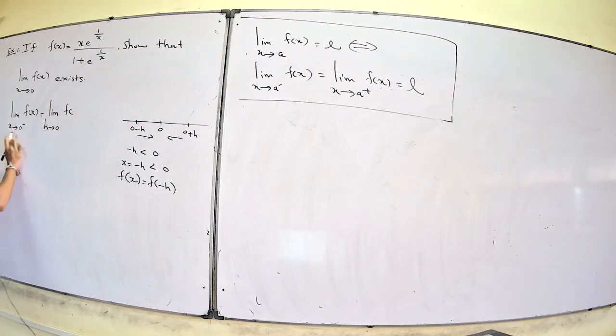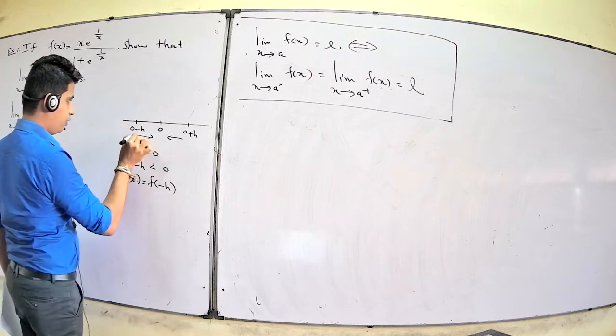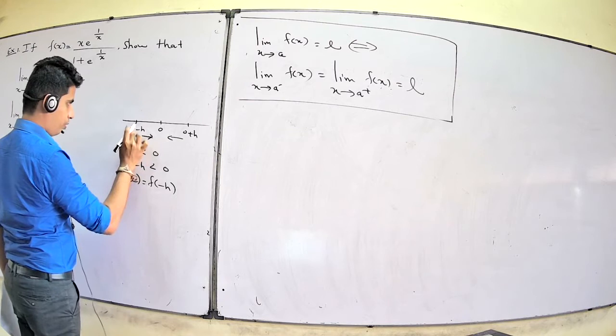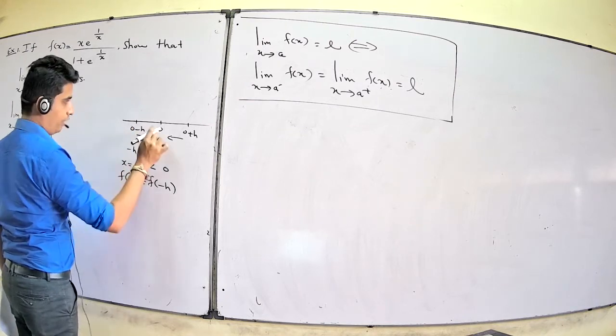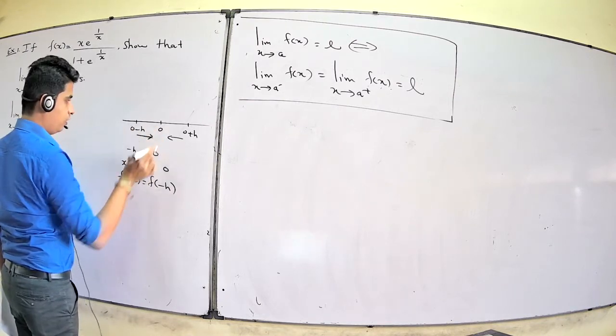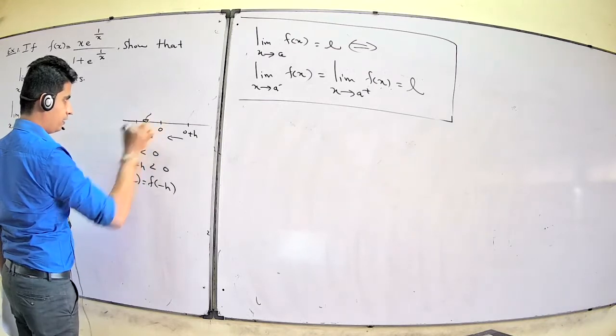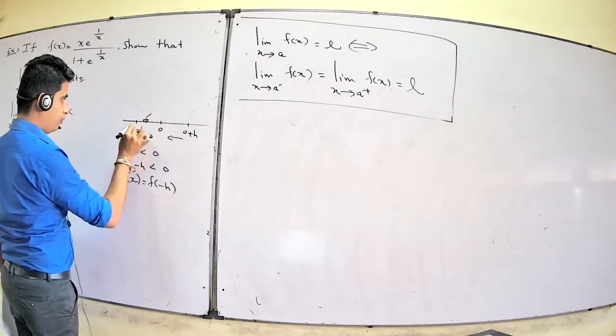x tends to 0 minus means you can take the values from 0 minus h to 0, not equal to 0. Therefore, you can find any points here. This is one of the points, 0 minus h.